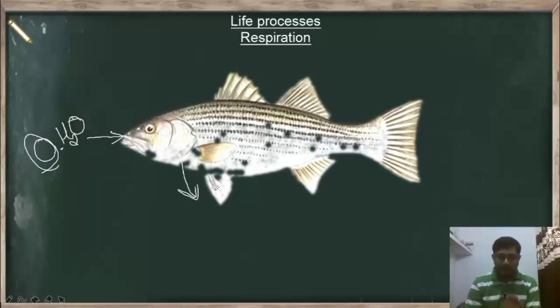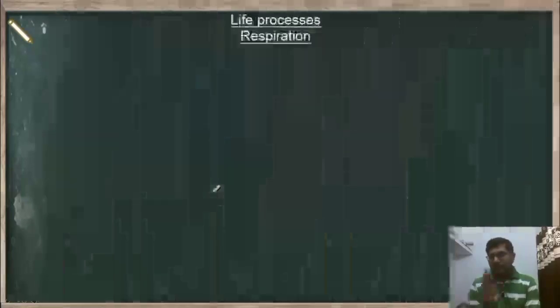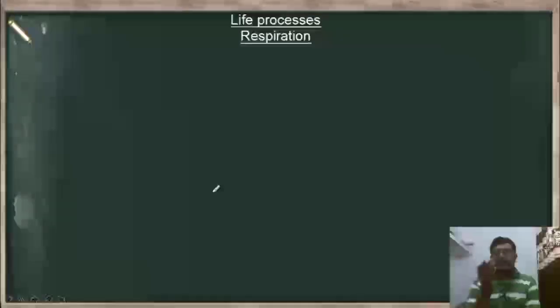But when it comes to terrestrial animals, since we are getting the oxygen directly from the atmosphere, this kind of high rate of respiration is not needed, but we have a system called the respiratory system.